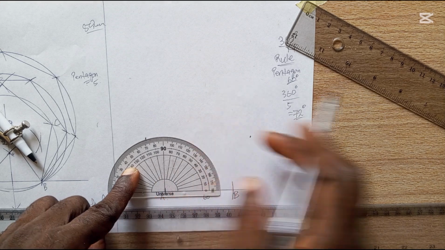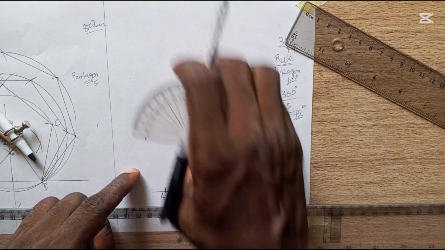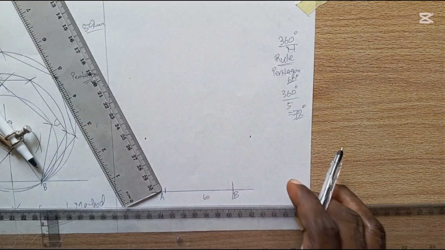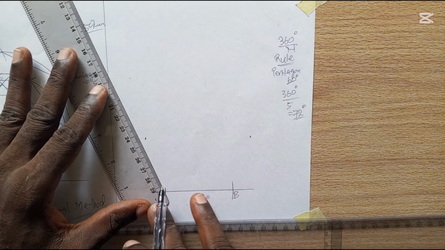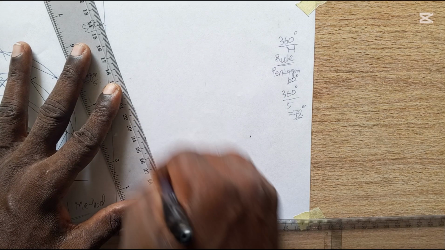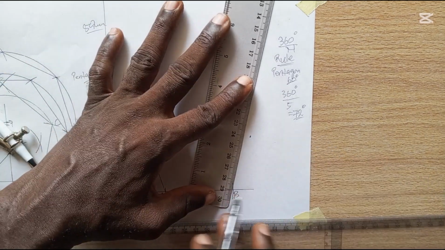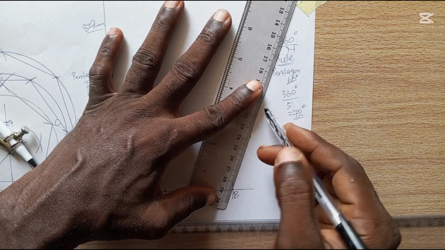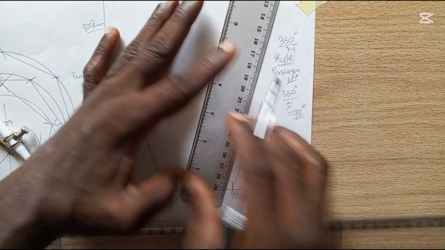Yeah, I got it. So we'll now take a ruler, that point and A, you rule it. I did not measure anything. B and the 72. Can you see that? I go. That's it.